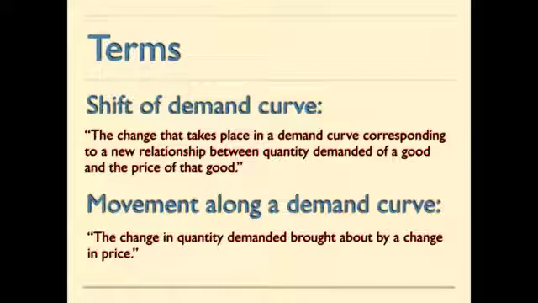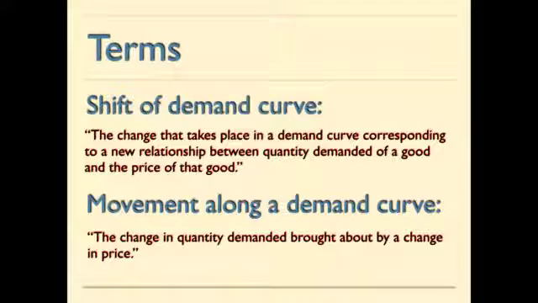So, for example, if we were to have a demand curve for Coca-Cola and we changed the price of Coca-Cola, that would entail moving from one part of the demand curve to another part of the demand curve. The demand curve doesn't shift. It's the same demand curve. We're just physically moving to another location on that pre-existing demand curve.